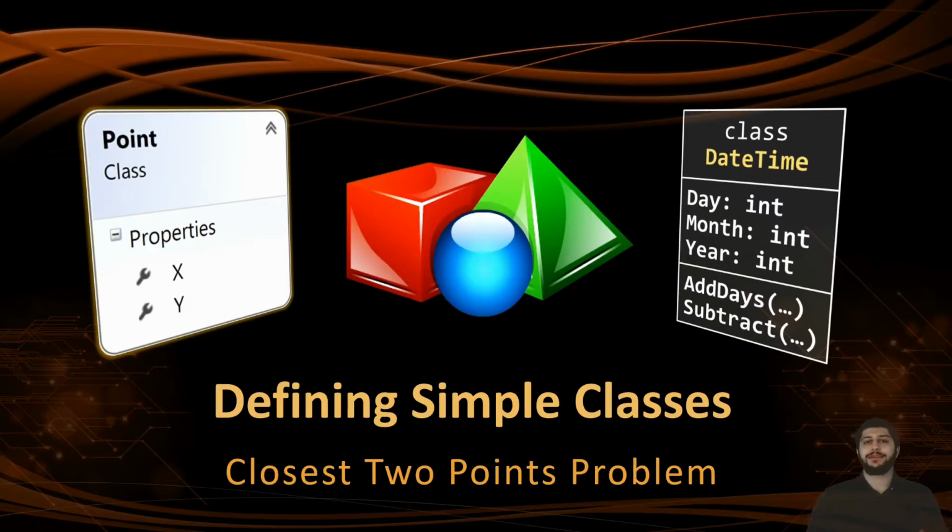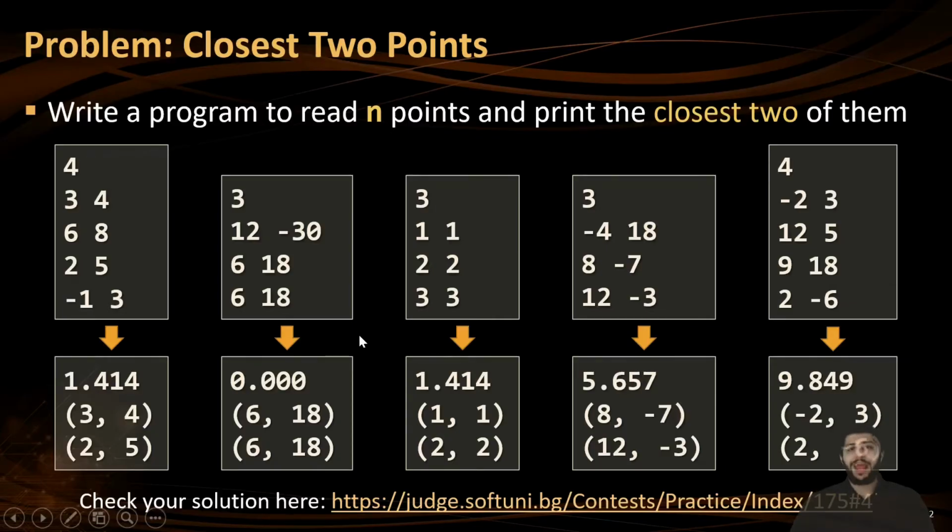The next exercise that we have, instead of calculating the distance between 2 points, we need to find the closest distance between n number of points. So what am I talking about? First of all, the problem is called closest two points.